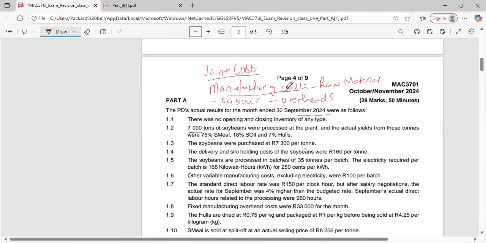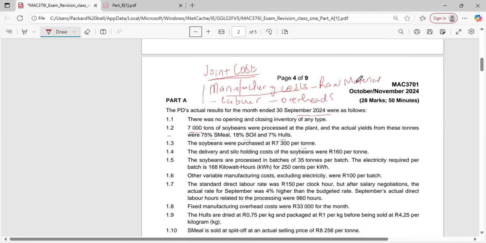So if the question did not give you the amount of the joint cost, it means you should calculate your joint cost. Remember, joint and byproduct processing is process costing. During the process, you don't know which products are going to be made, or at what quantities, at the split-off point. So you need to allocate joint cost at the split-off point.